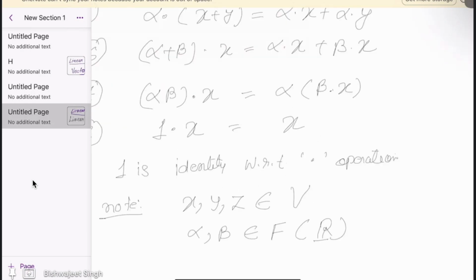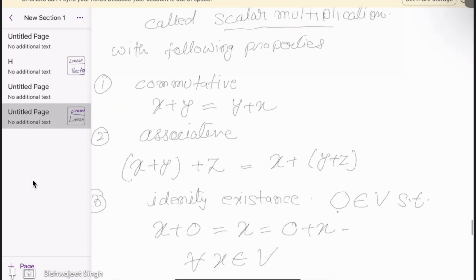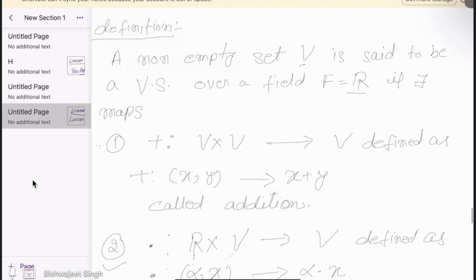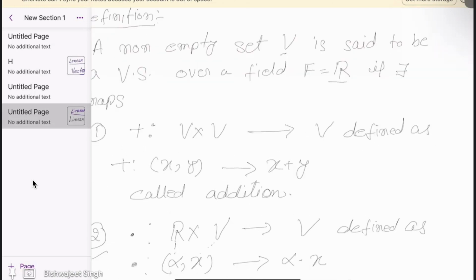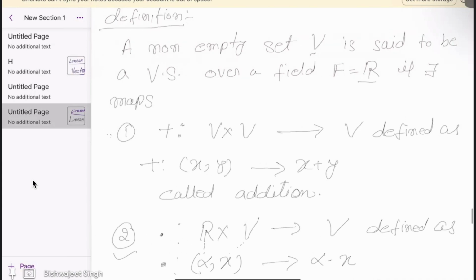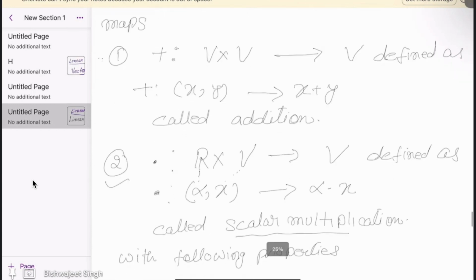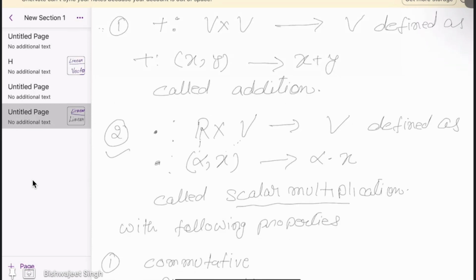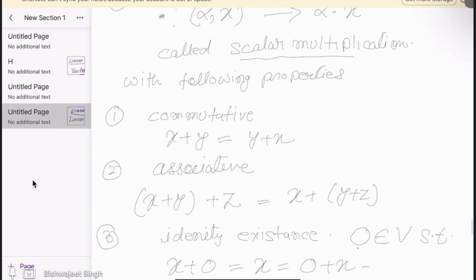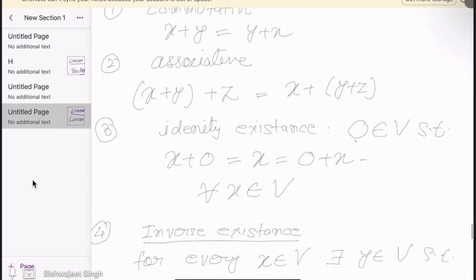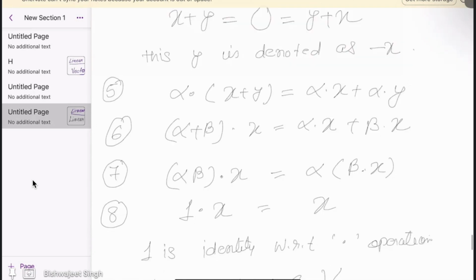So what is a vector space? Basically, if we take a non-empty set V and we define two operations on it, call them plus and scalar multiplication, for simplicity we call them plus and dot, and these two operations on this set V must satisfy all these properties, this 1 2 3 4 5 6 7 8.